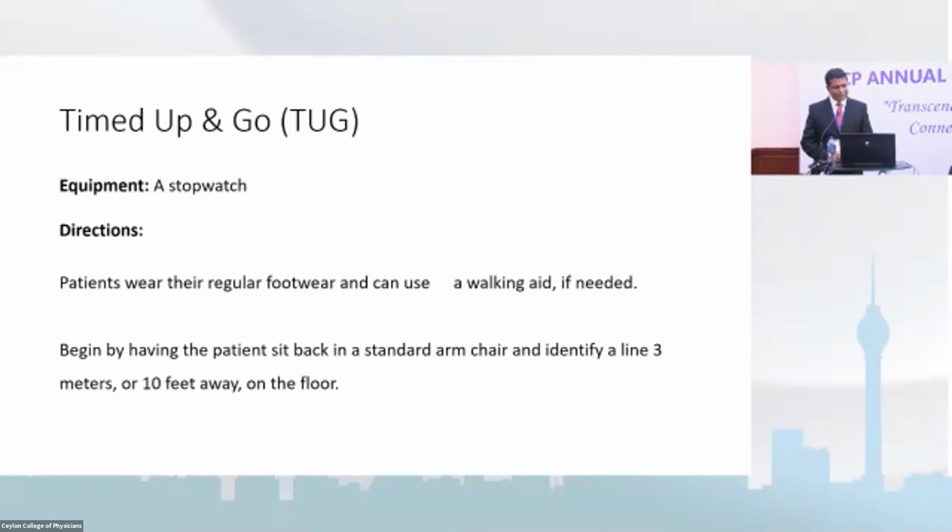What you have to do is ask the patient to sit back on a standard armchair, and then ask her to walk 3 meters, like 10 feet away, turn back and come back to her seated position. Ideally, a strong and young person will do it in less than 10 seconds.